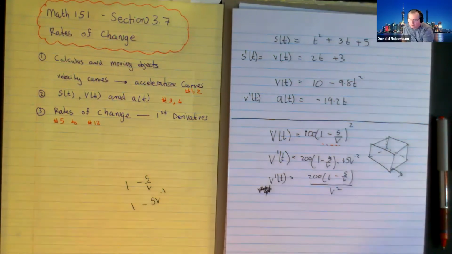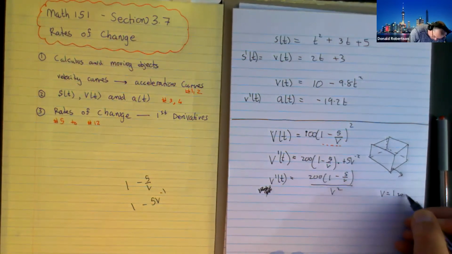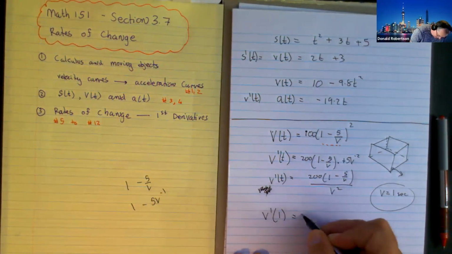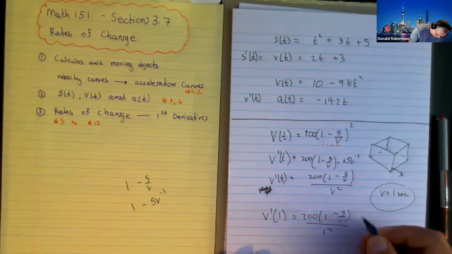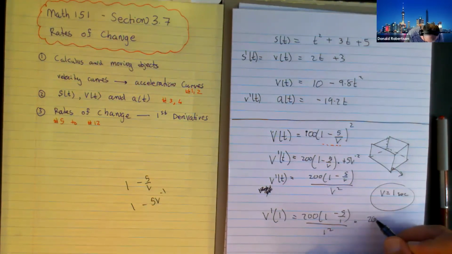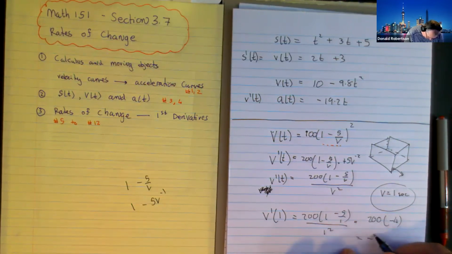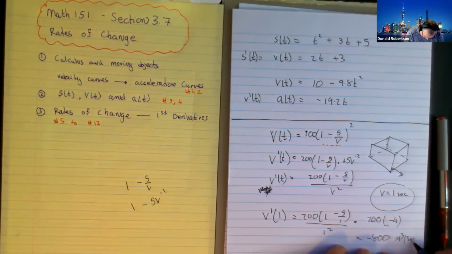So I now know the rate at which the volume of that tank is changing. It's going to be given by this calculation. So if you wanted to, for instance, know the rate of change at the 1 second mark, it is 200, 1 take away 5 over 1, all over 1 squared, which is 200 times -4, -800, whatever the units are, cubic meters per second.